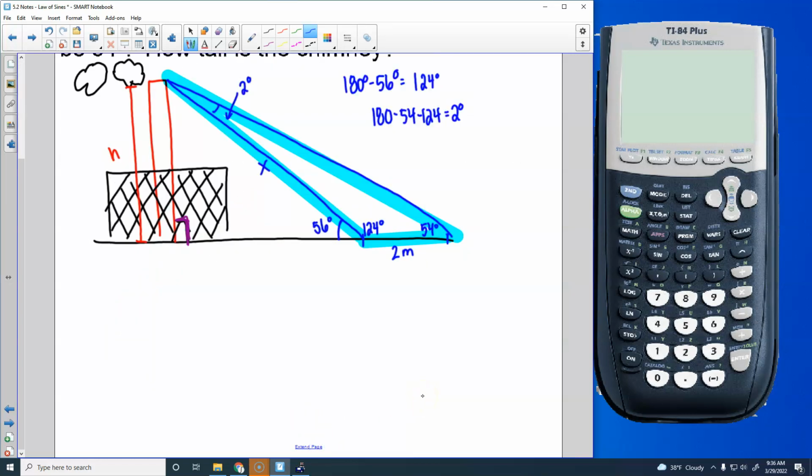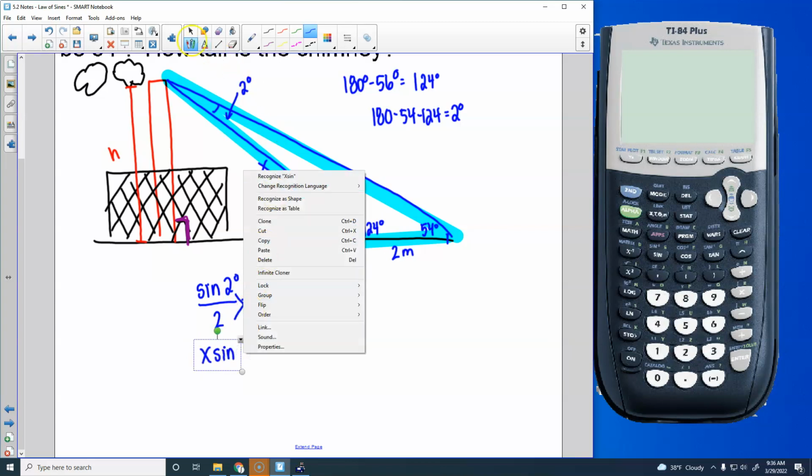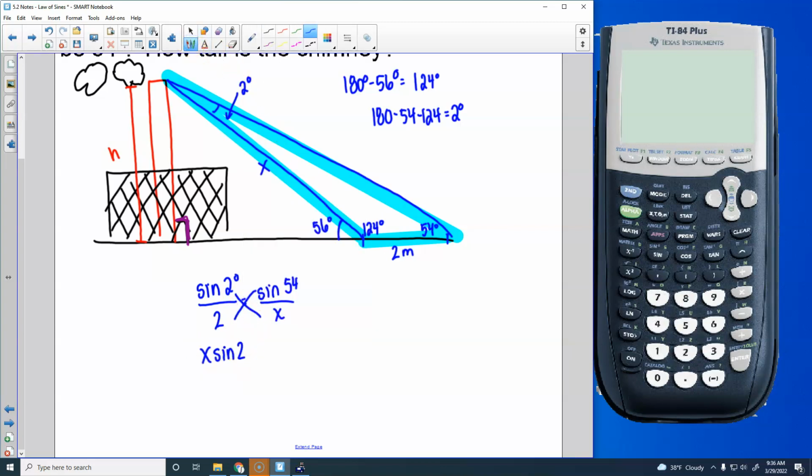So for law of sines, I'm going to set up sine of 2 degrees divided by 2 equals sine of, since I'm finding this side right here, I want to look at 54. So sine of 54 over x. And so we will cross multiply x sine 2. Oh, I'm forgetting something. Do I need to worry about the angle-side pairing here? I do not.